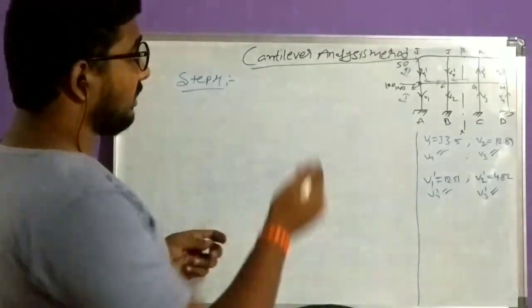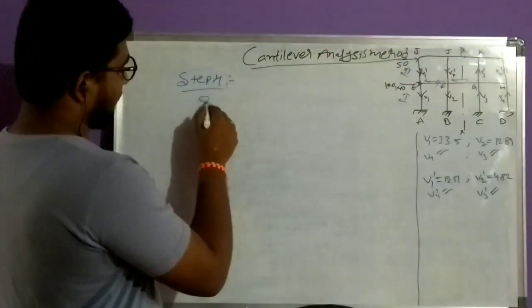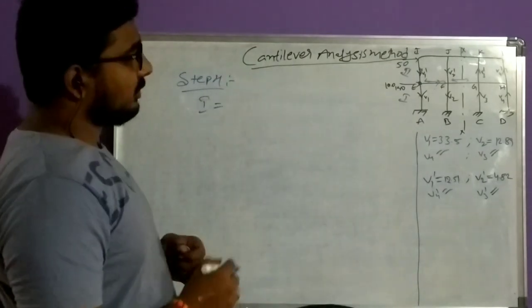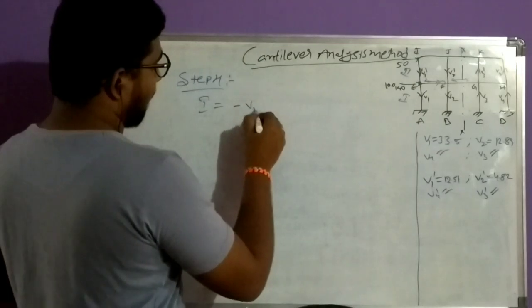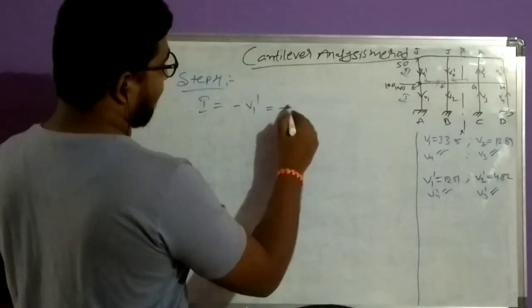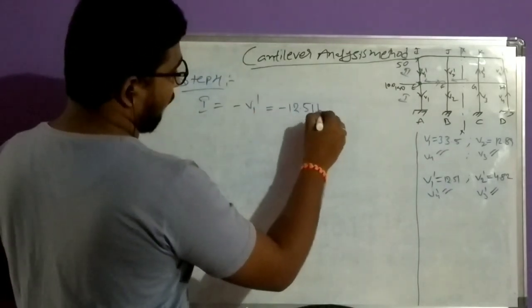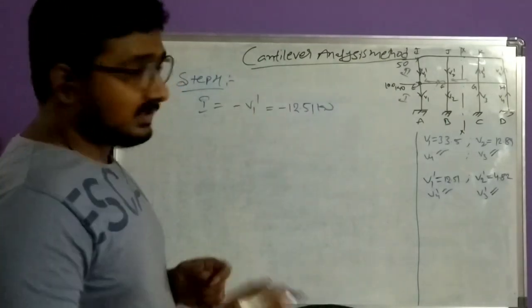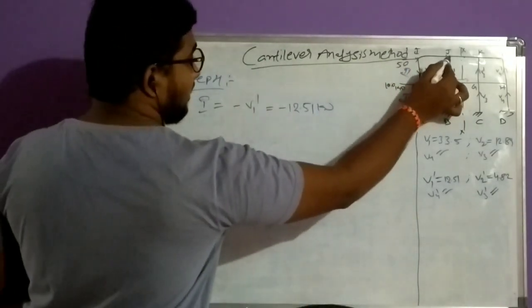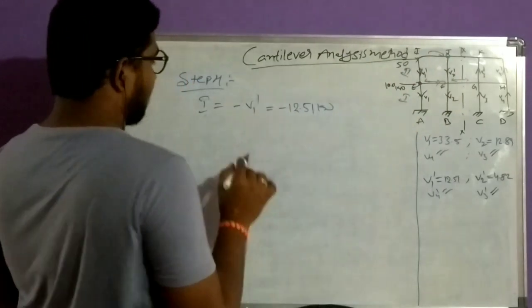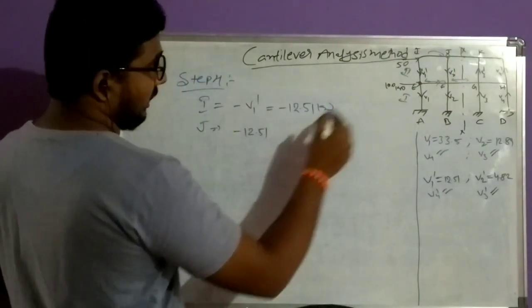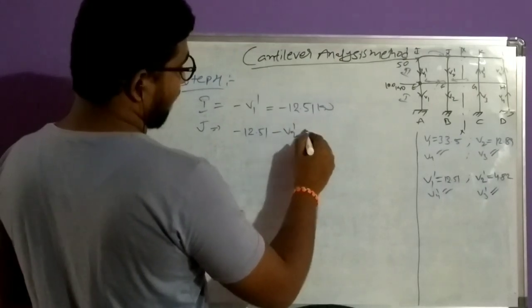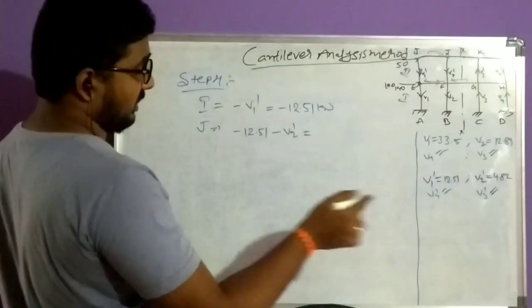So now I'm considering the beam IJ, at the junction I. Here you can see that only V1 dash is going downward. So minus V1 dash will be the value, which is nothing but minus 12.51 kilonewtons. In the same way, coming to the junction J, this force will act on this end also, and minus V2 dash, because V2 is going away from the junction.